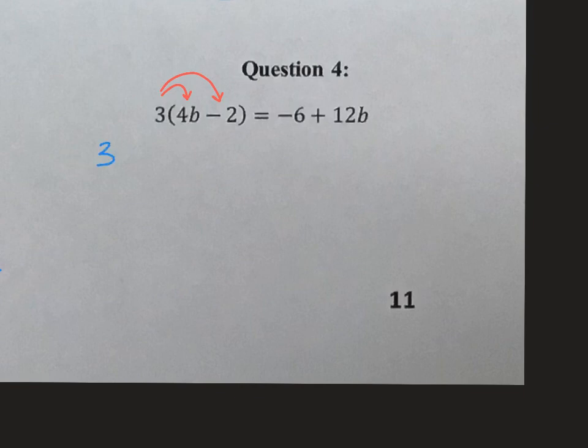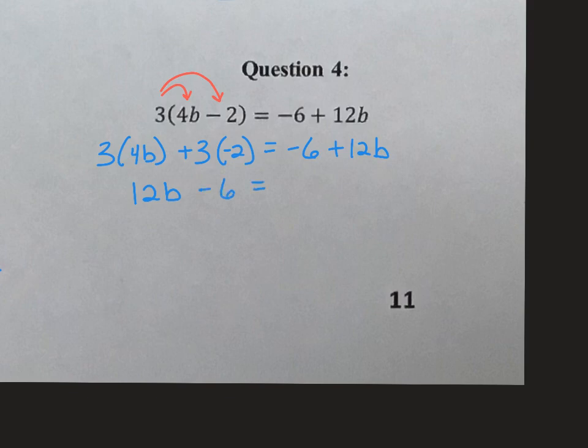I've got 3 times 4b plus 3 times negative 2 equals negative 6 plus 12b. Okay, now on this side, 3 times 4b is 12b. 3 times negative 2 is negative 6, equals negative 6 plus 12b.